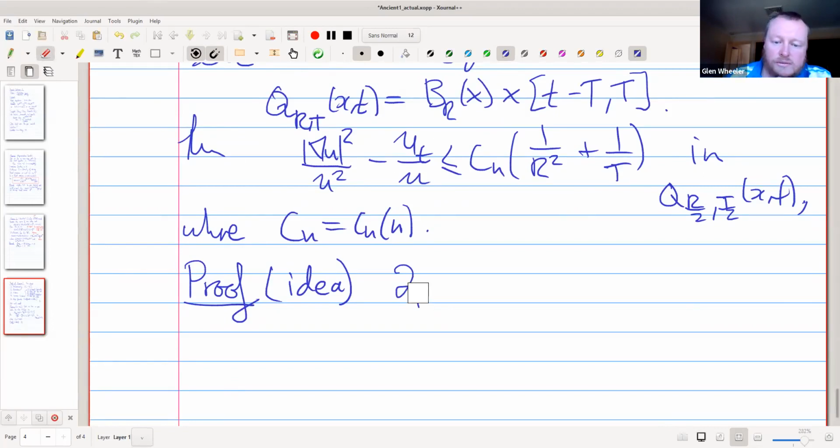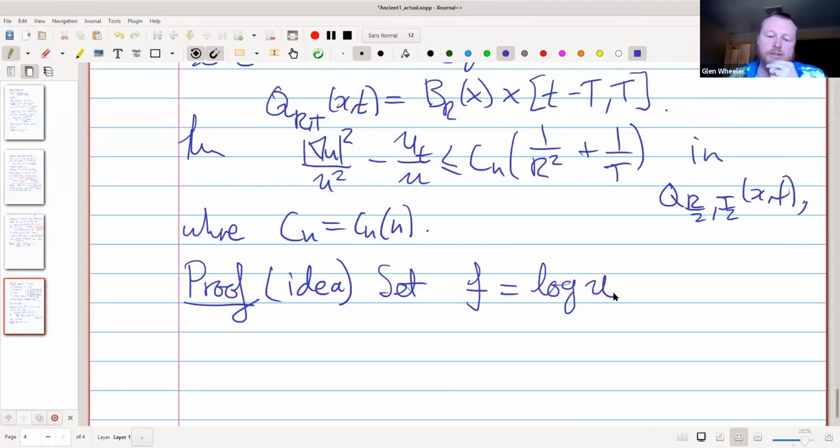Okay, so let's first make a definition. Right, you can look at this equation and you can see that u_t over u is the time derivative of log u, and this term, grad u squared over u squared, is the square of the gradient of log u. So let's set a function f to be the logarithm of u.